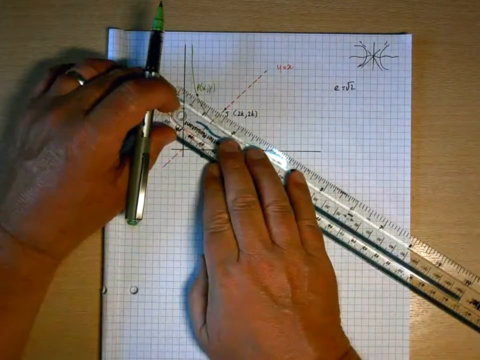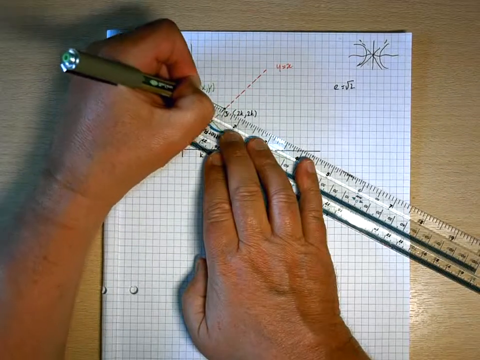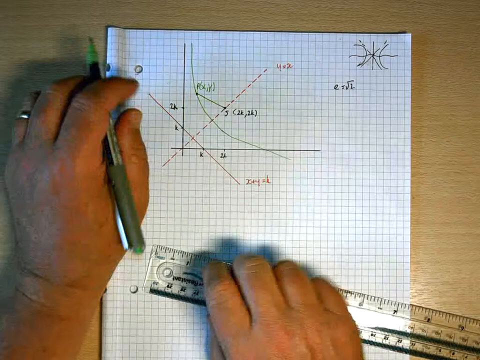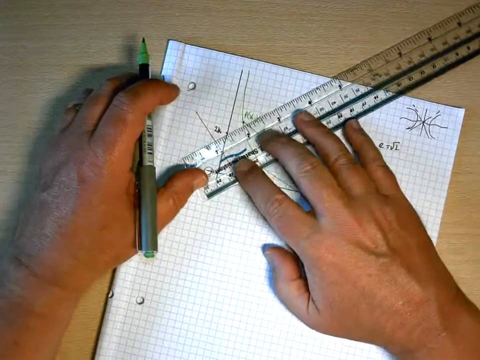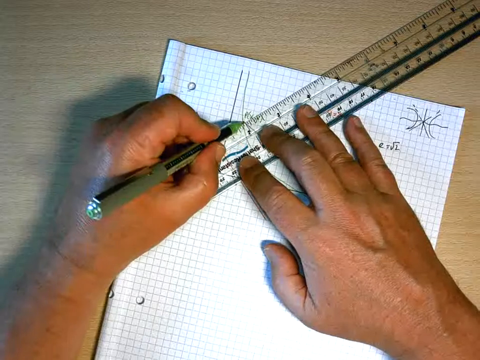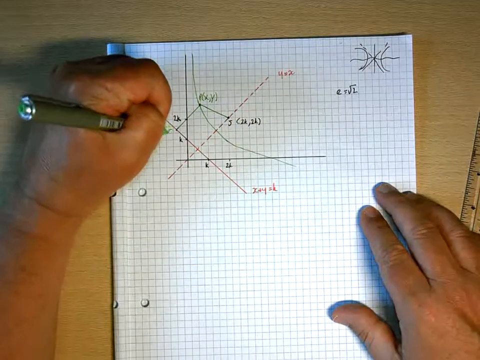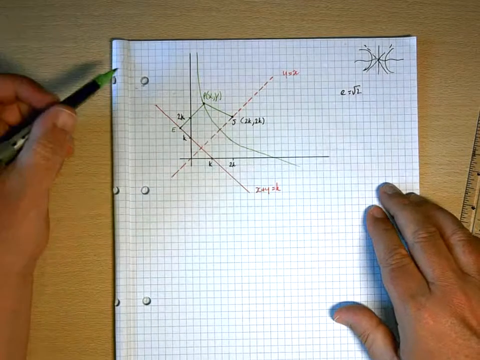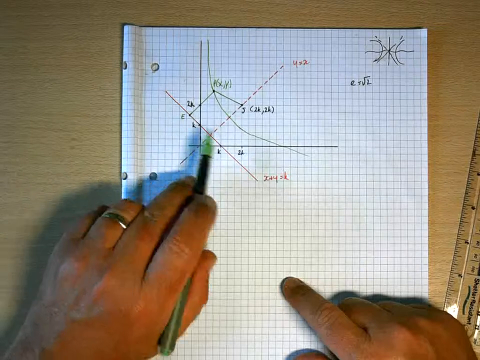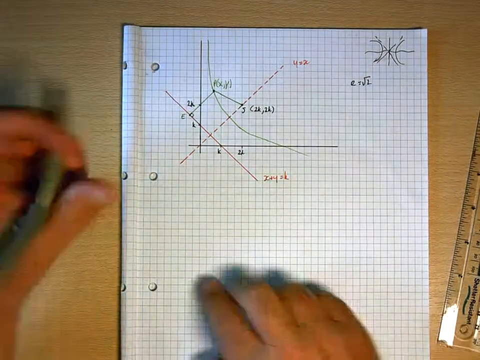So what we're doing is looking for the ratio of that distance PS compared to the perpendicular distance to the directrix, which I'll call PE. PS over PE equals the eccentricity of the shape.